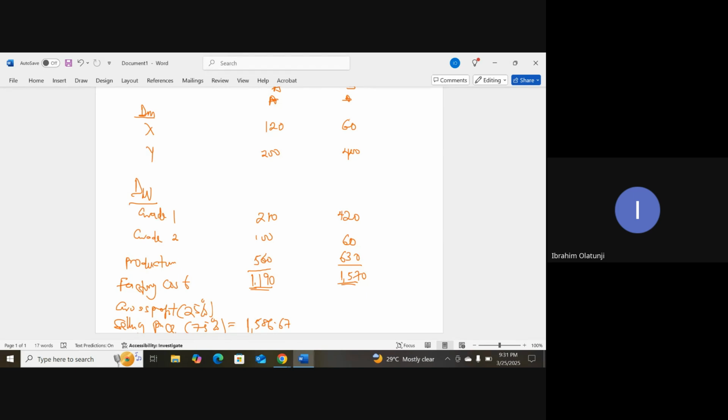Divided by 0.75. 1,570 divided by 0.75. Can you confirm 1,570 divided by 0.75?